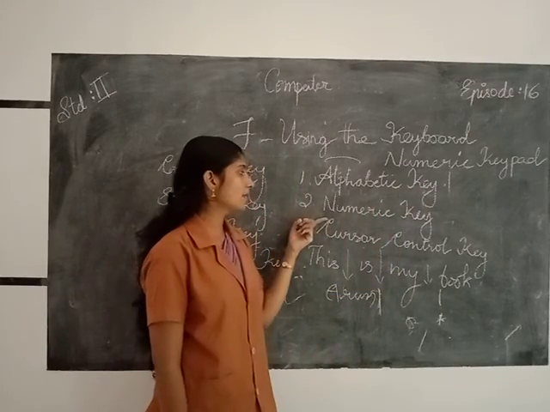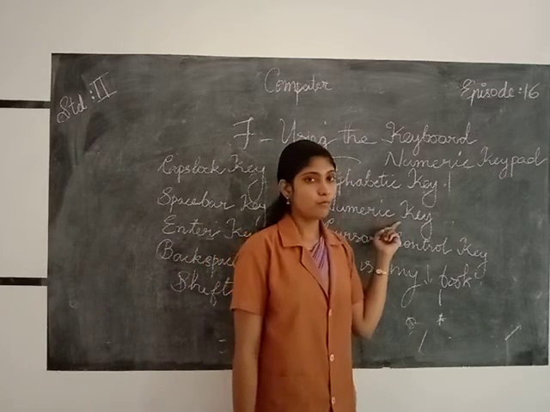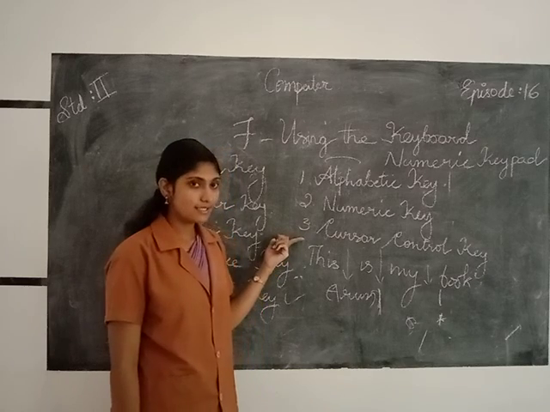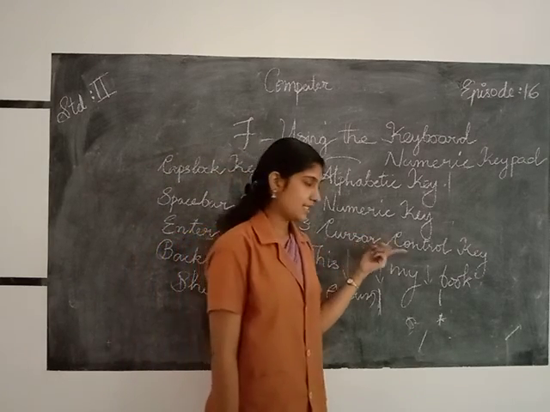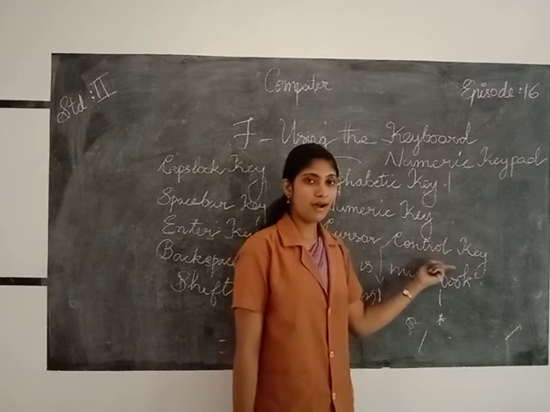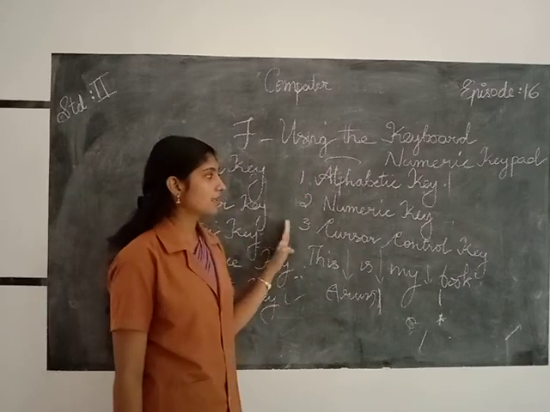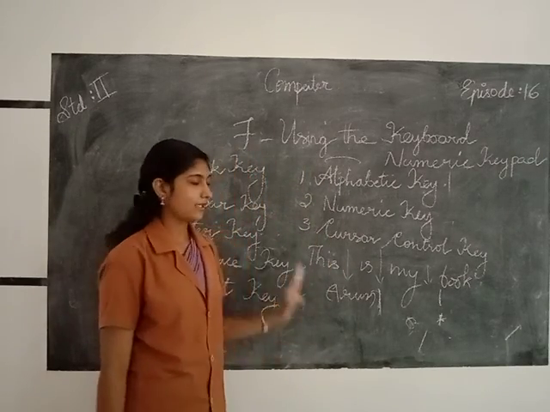The second one is numeric key, N-U-M-E-R-I-C. The third one is cursor control key, C-U-R-S-O-R, C-O-N-T-R-O-L. So the important keys are alphabetic key, numeric key, and cursor control key.